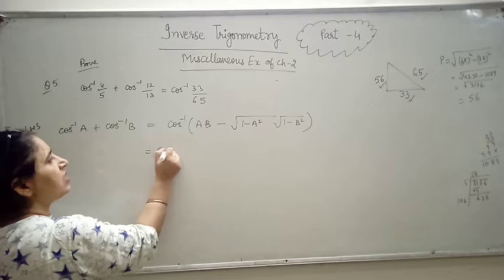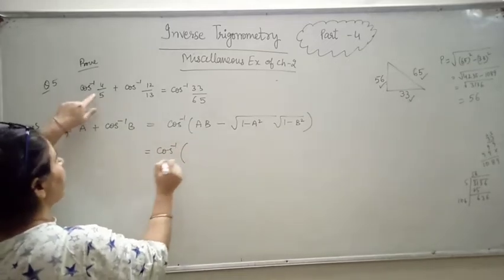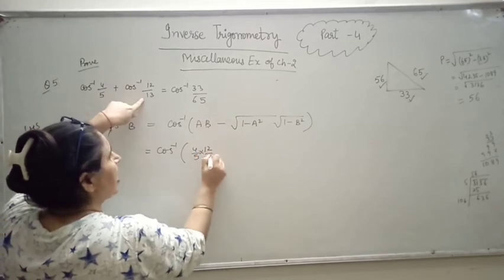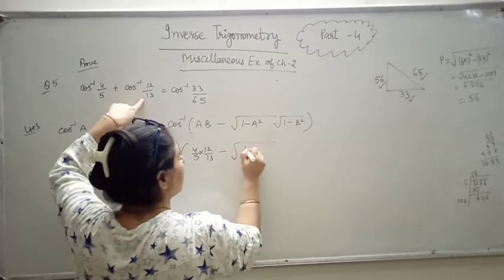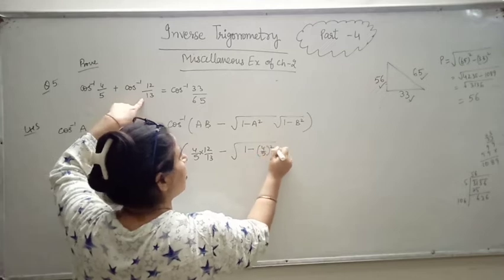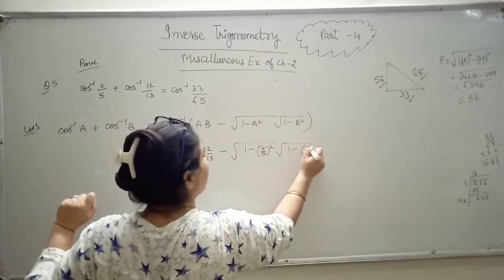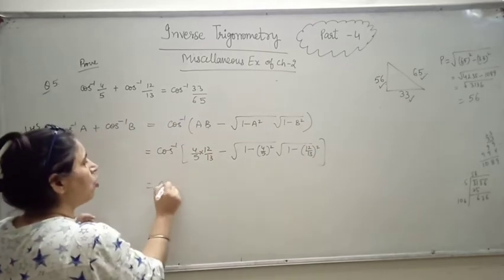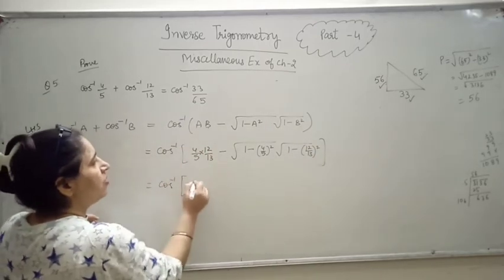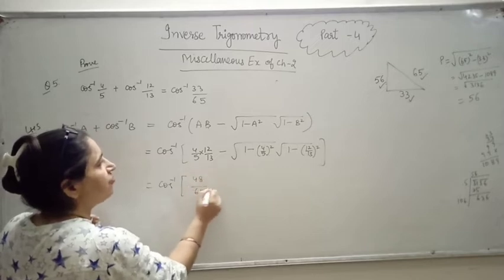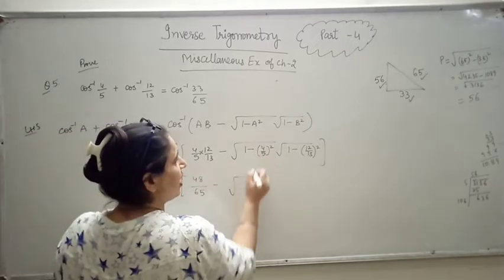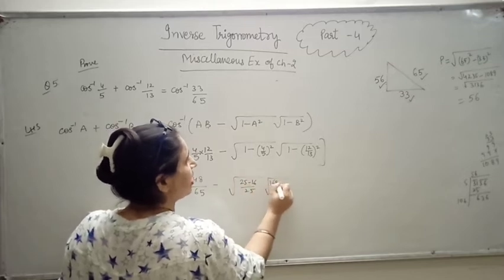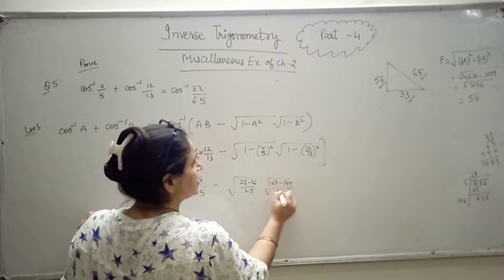So this is cos inverse. What is A? That is 4 by 5. What is B? B is your 12 by 13. And now minus, this is 1 minus 4 by 5 whole square into 1 minus 12 by 13 whole square. So now if you calculate it, it would become cos inverse of 48 by 65 minus, this is 25 minus 16 by 25, and this is 169 minus 144 by 169.